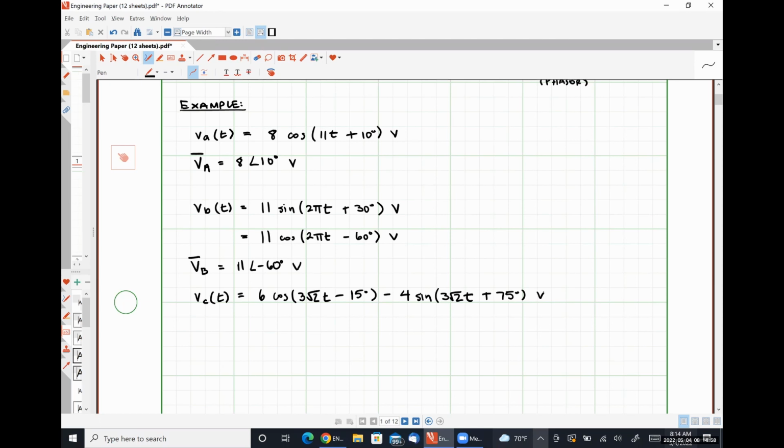Now, since these sinusoids are oscillating at the same frequency, we could apply several of those trig identities that I talked about in Monday's lecture and combine these into a single sinusoidal function and then move that sinusoid into the frequency domain. That is absolutely one way to do it.